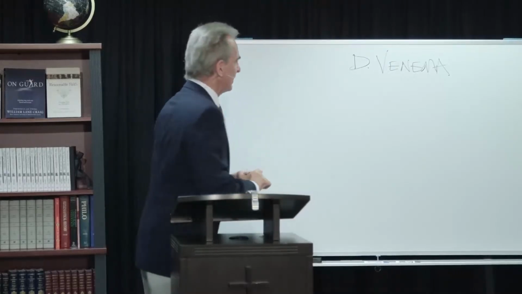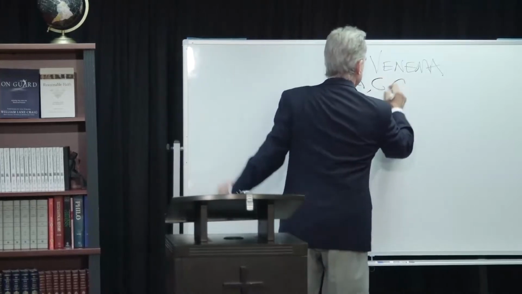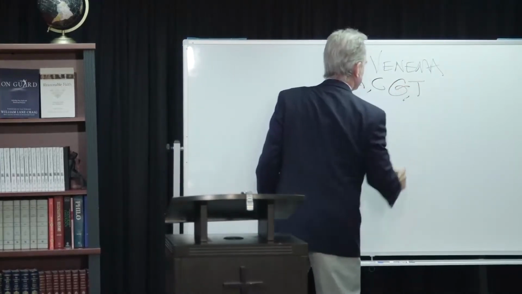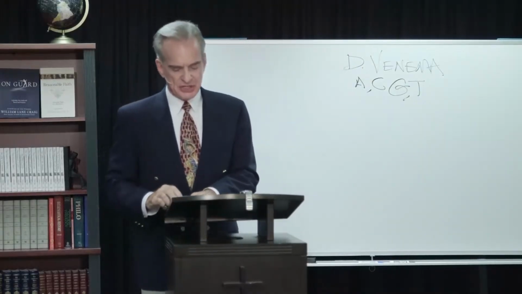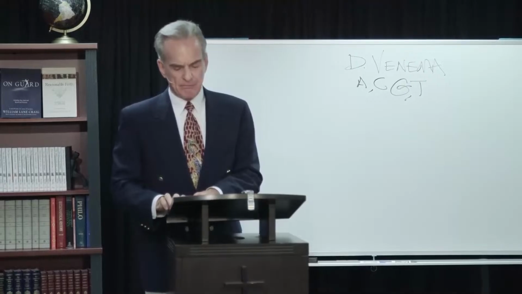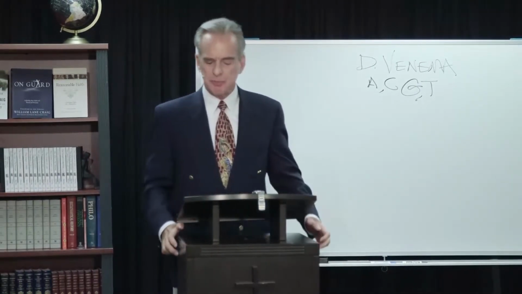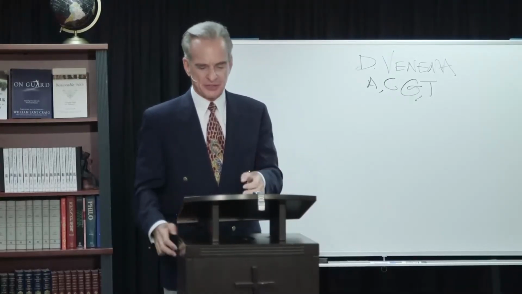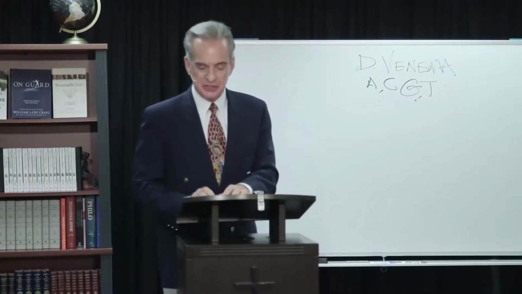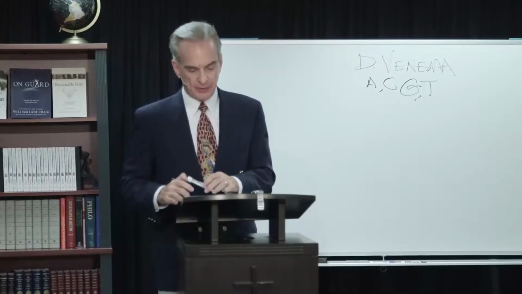The DNA letters A, C, G, and T are called nucleotides. These DNA letters combine with each other in sets of 3 to specify various amino acids. They form triplets. For example, ACT, CGA, and so on and so forth.